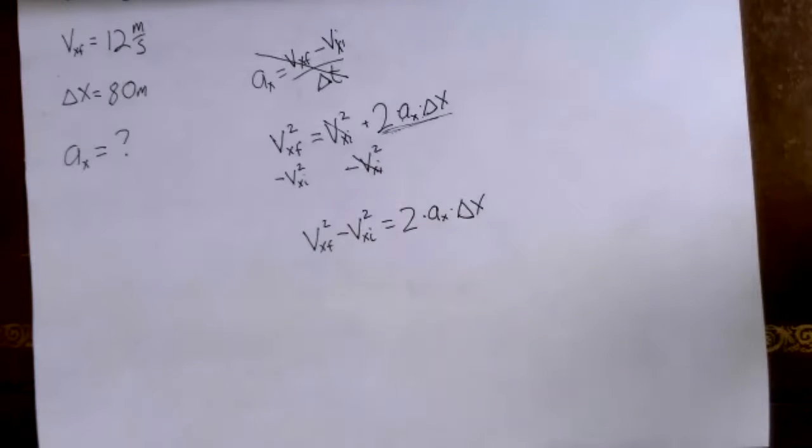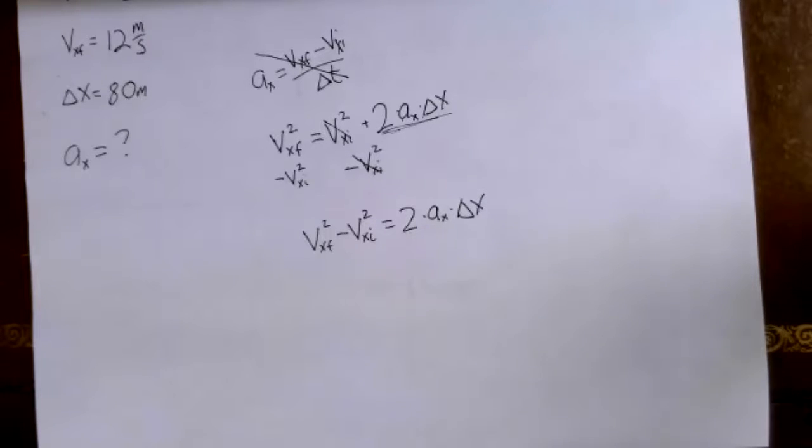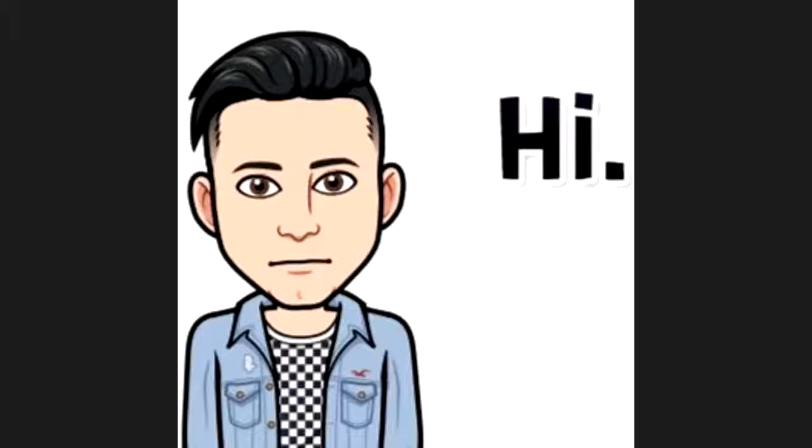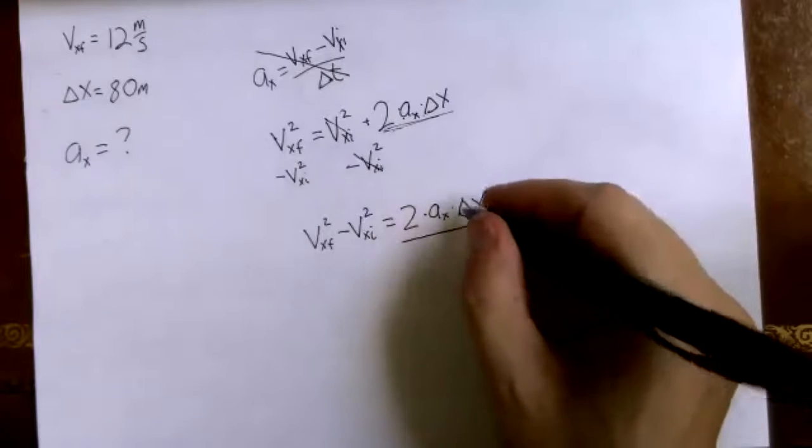And now there's probably just one more step I need to do. If I want acceleration by itself, 2 and delta X are being multiplied onto it. What is one more step? We need to divide by 2 and delta X. Right, I want to get rid of the 2 and the delta X on this side.